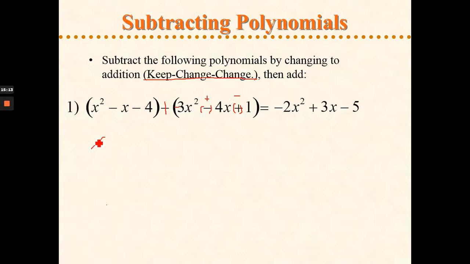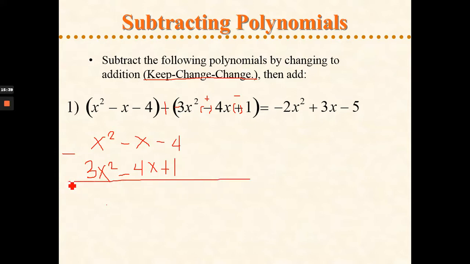So you have there x squared minus x minus 4. That's the first polynomial. Minus, since the operation is subtraction, the second polynomial, 3x squared minus 4x plus 1. Again, in subtracting vertically, make sure that similar terms are in line with each other.